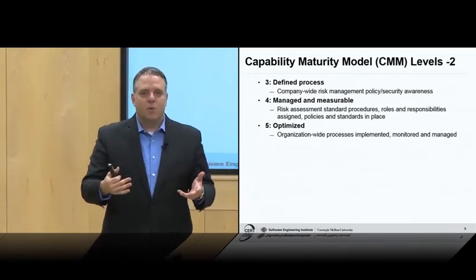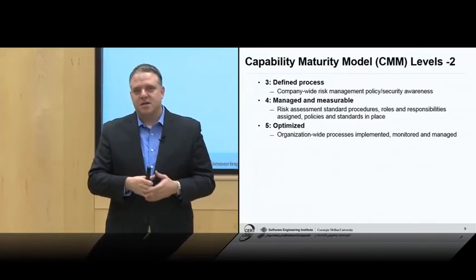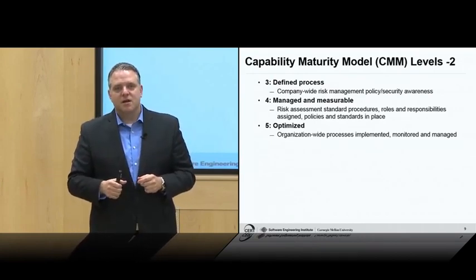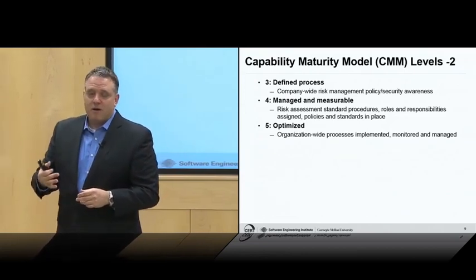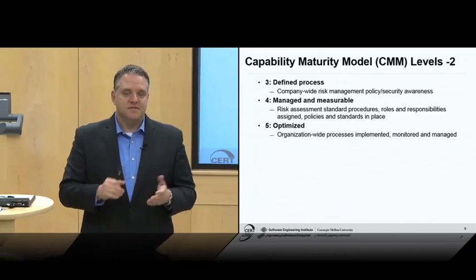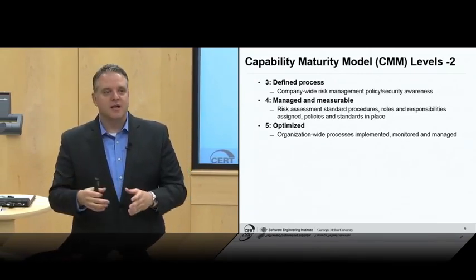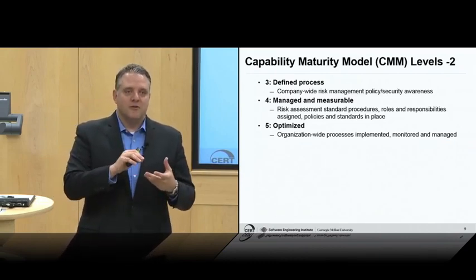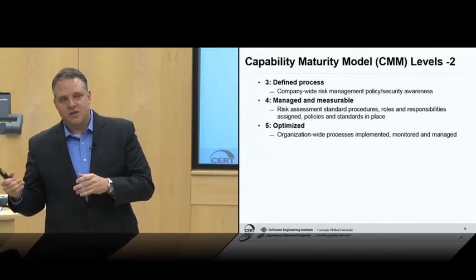So we have a company-wide, documented, defined risk management policy or security construct here that we're building our security apparatus to. Level 4 is now managed and measurable, meaning that we have standard procedures in place, we have roles and responsibilities defined, we have our policies in place to do effective risk assessments, risk management, and build our security structure.